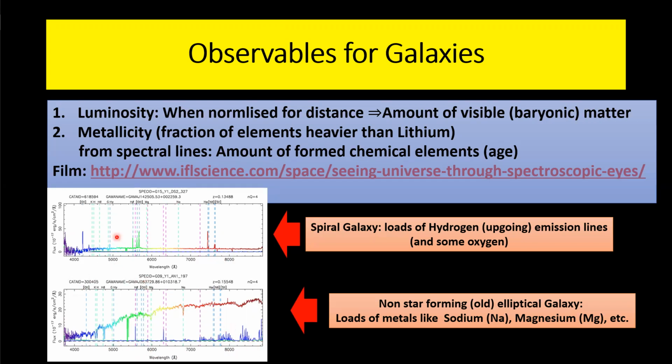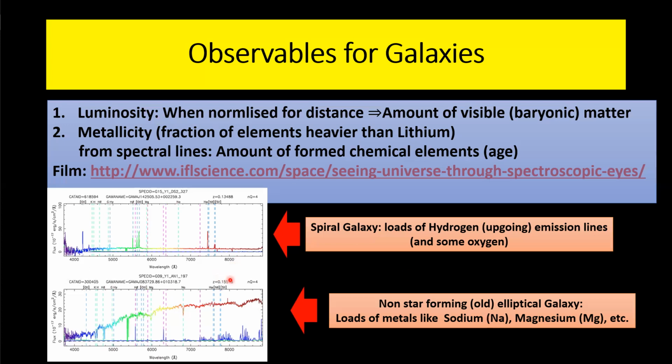Here we see loads of hydrogen and only bits of oxygen. What we see in elliptical galaxies is a lot of sodium and sulfur, magnesium, so heavier elements that we would typically associate with the burning of elements in lighter, medium, and maybe even heavy stars.